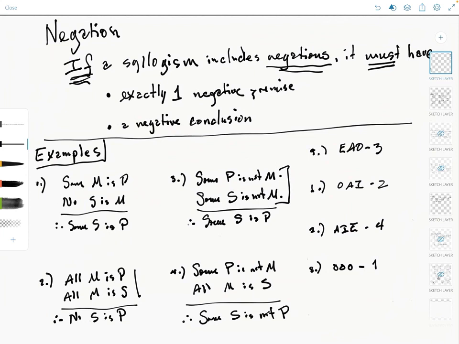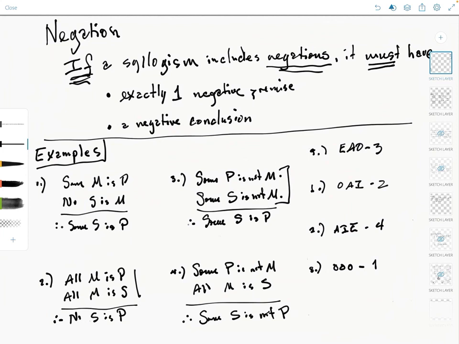It's the fallacy of exclusive premises. Notice, if you have exclusive premises, in other words, if you have too many negative premises, it doesn't matter what the conclusion is. The conclusion could be affirmative or negative, because the point is you've broken that first condition by having too many, not too few plus a negative conclusion.